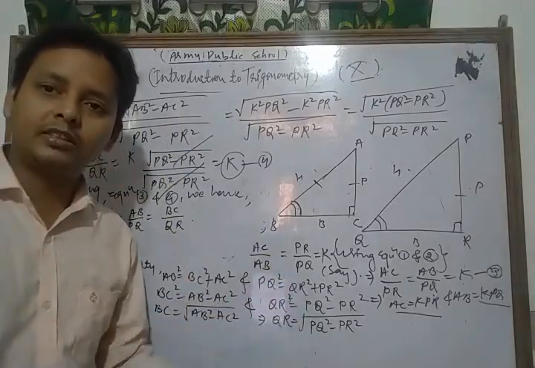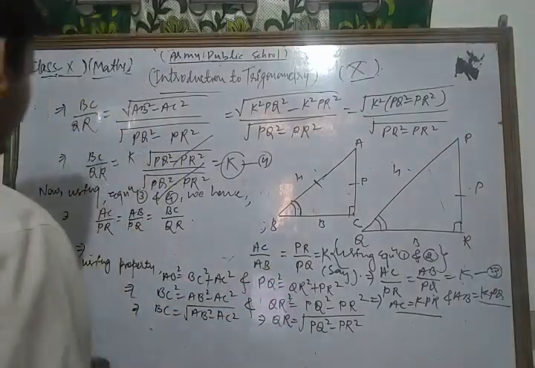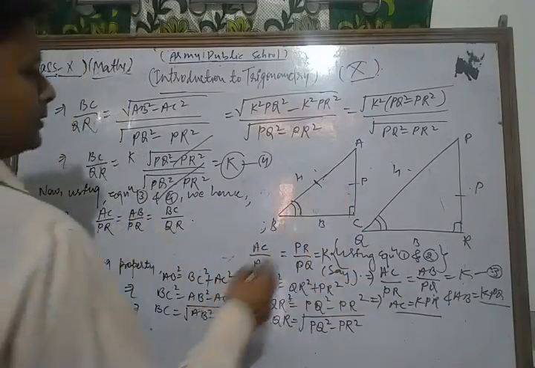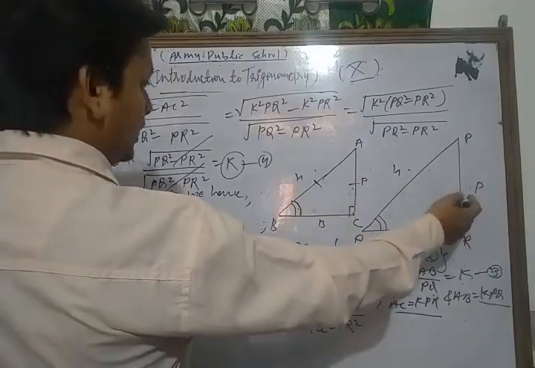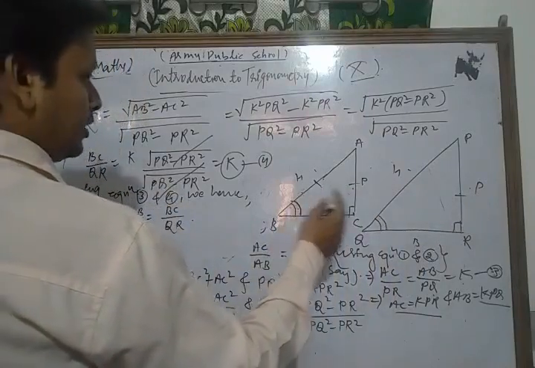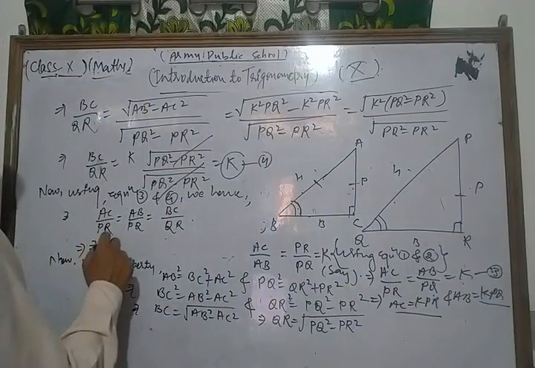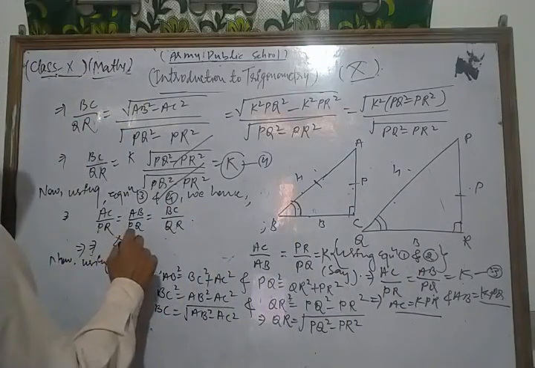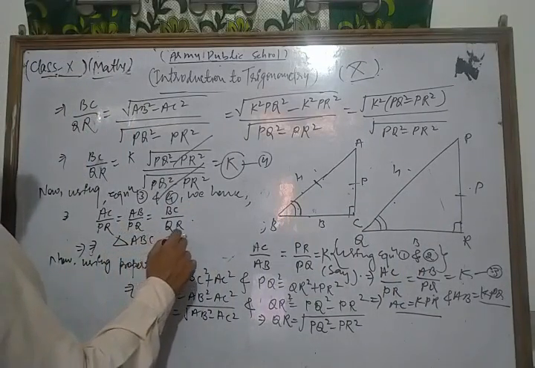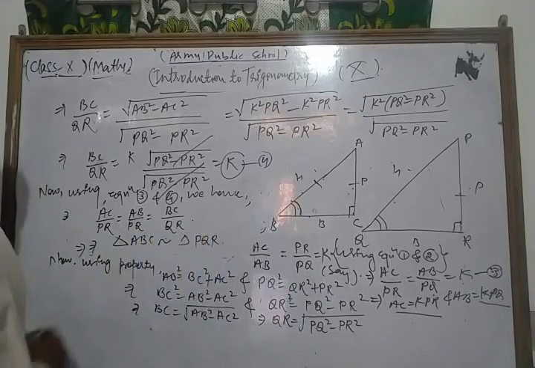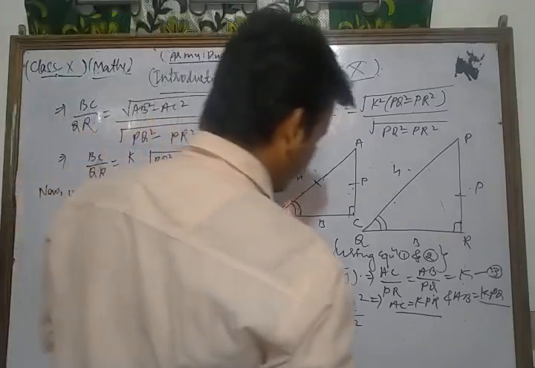Thus, we have to show that their corresponding sides, AC upon PR, AB upon PQ, and BC upon QR, are proportional. Thus, we can say that triangle ABC is similar to triangle PQR. This is the concept of similarity.